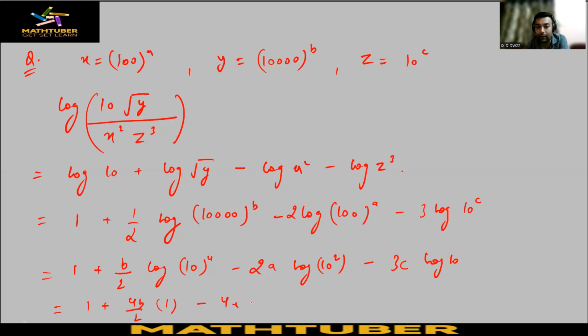Then again 4a into 1, because log 10 is 1, and 3c log 10, which is 1 again. So here you will find the answer as 1 plus 2b minus 4a minus 3c. And this is how we can convert it into the form of a, b, and c by simply applying the laws of logarithms.